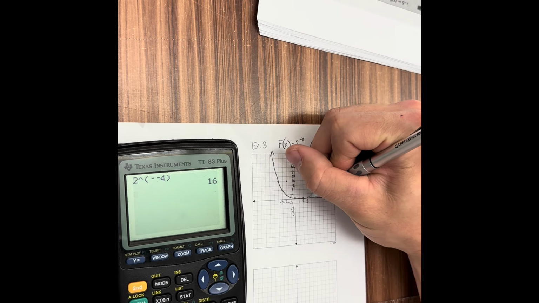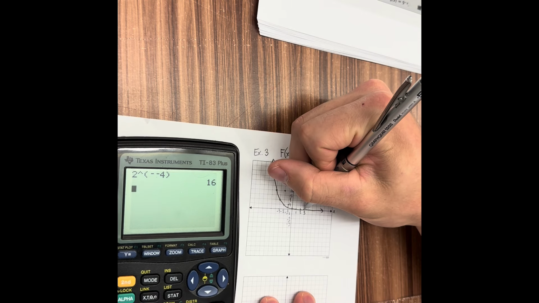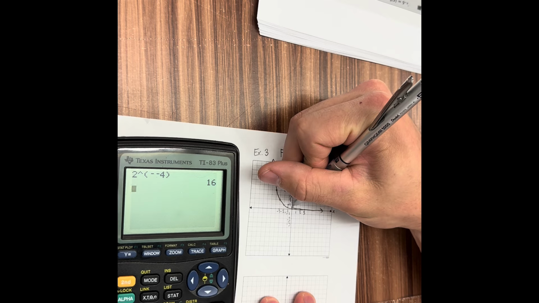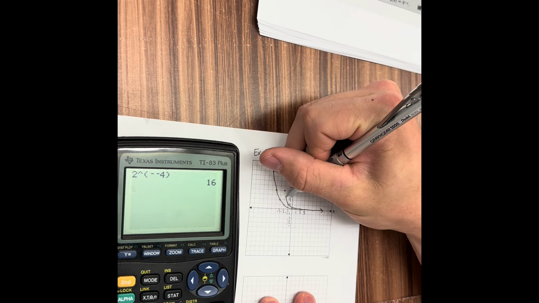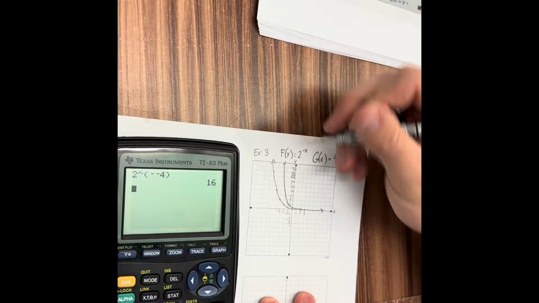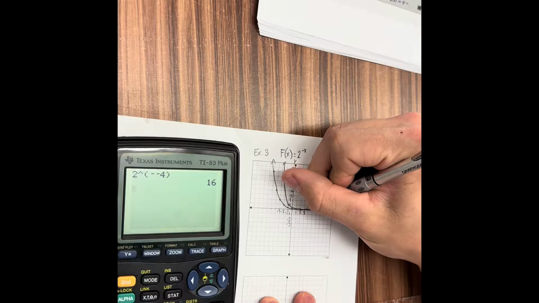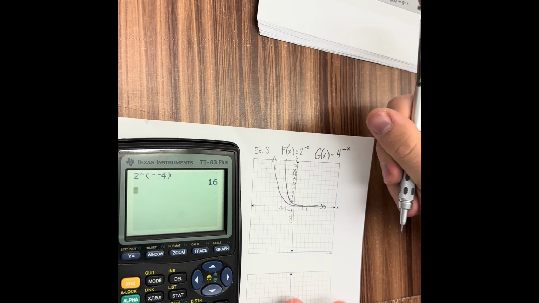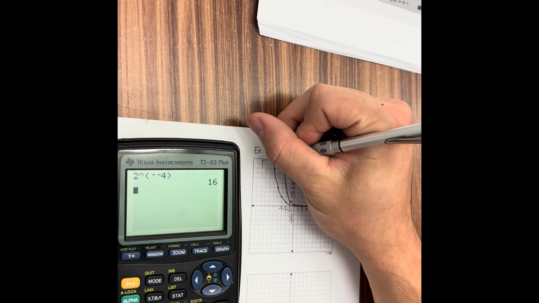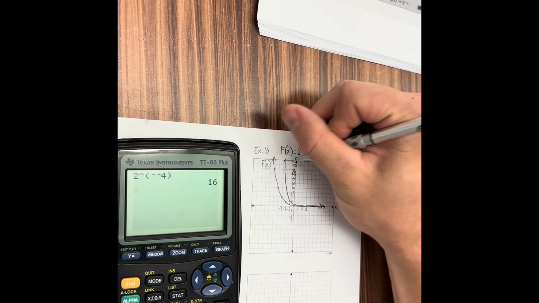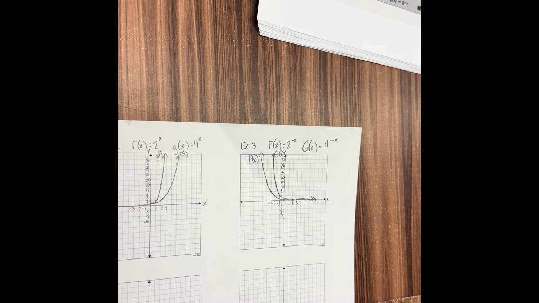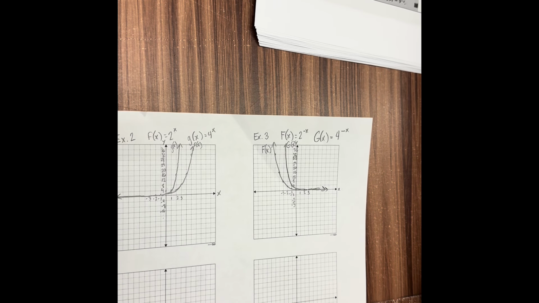And again, this one gets increasingly close to the x-axis. Same kind of deal here, except the opposite direction. Oh, that one took a turn for the worse. Again, label this f of x, label this g of x, and then we have both of those graphs.